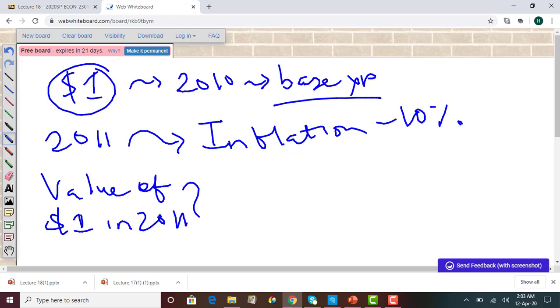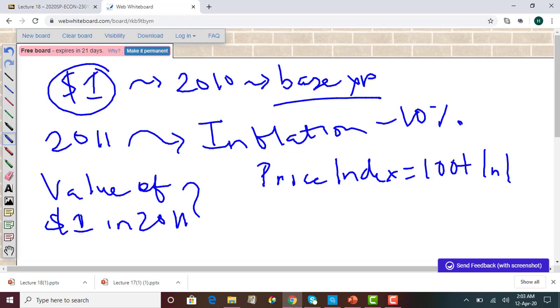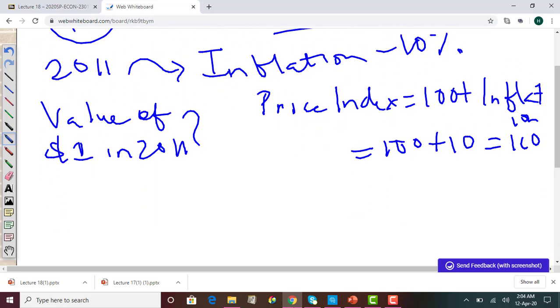Same way, we first have to calculate the price index. Now remember, the price index is given by 100 plus inflation. From our previous classes we know this, so we know 100 and inflation here is 10, so we have 110 as the price index.